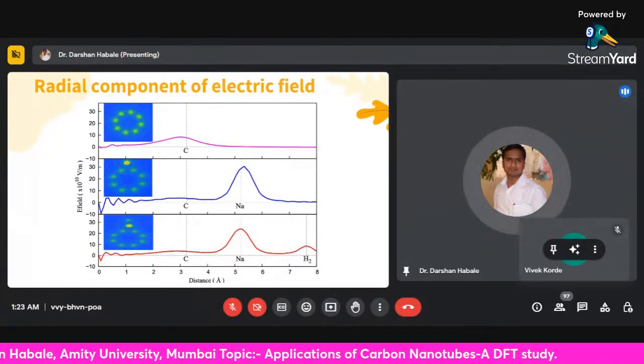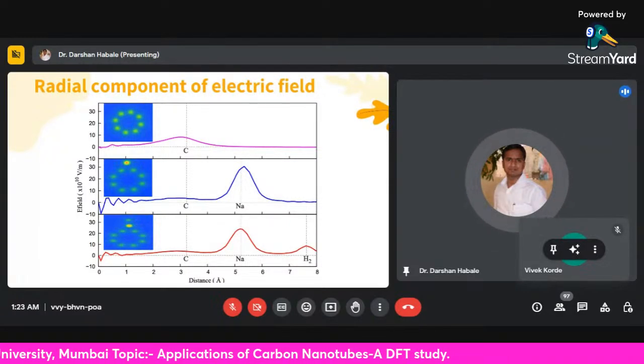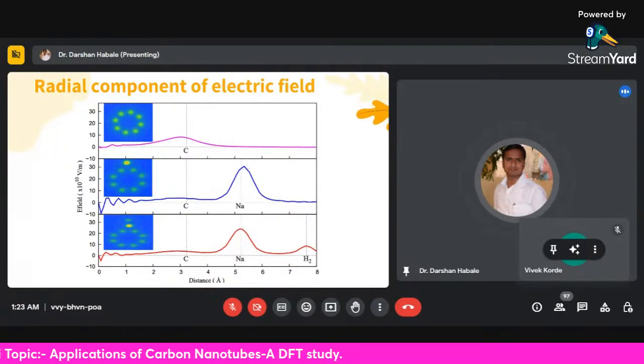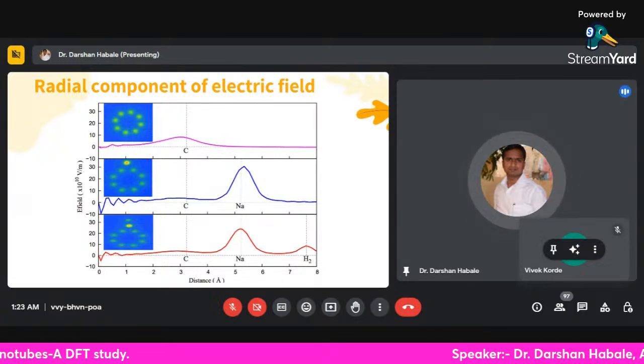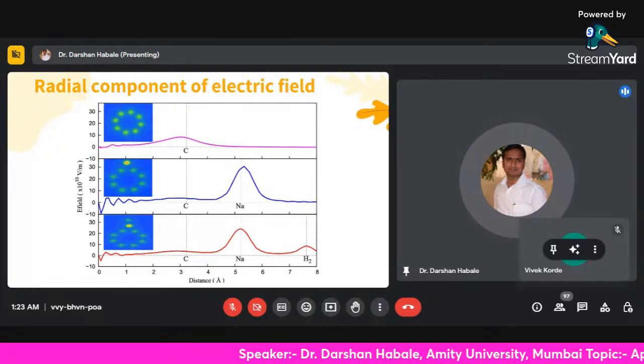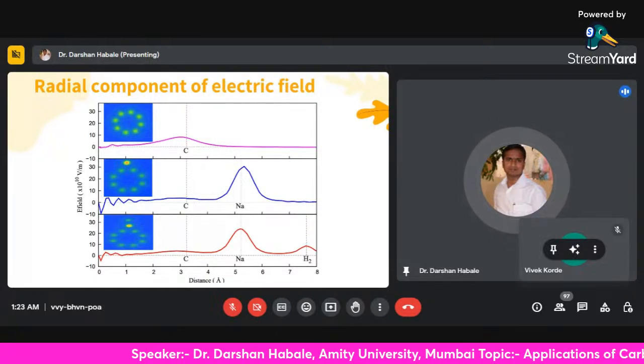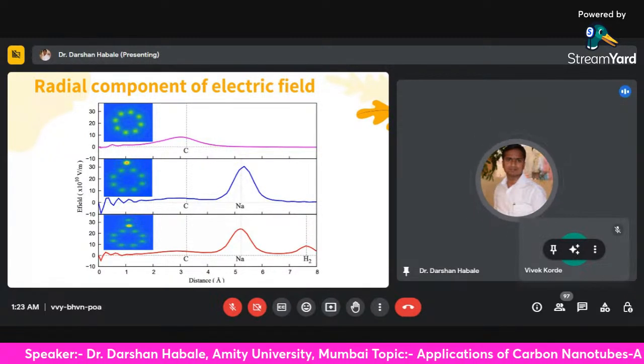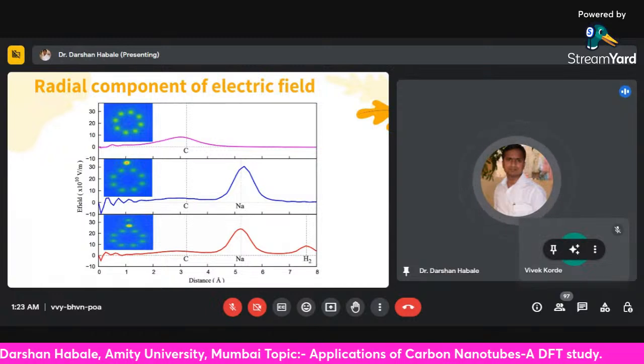Okay. So the electric field is measured and induced by the charge distribution along the outward radial direction of the complex. The field is moving in the outward direction of the carbon atom. So this is the radial component of the electric field from the center of the SWCNT to the hollow side of the SWCNT, and sodium and hydrogen.